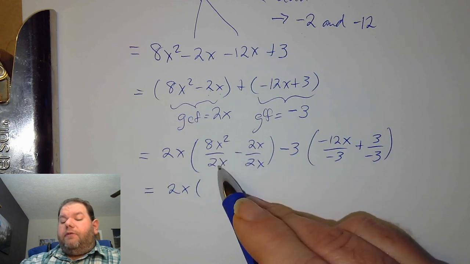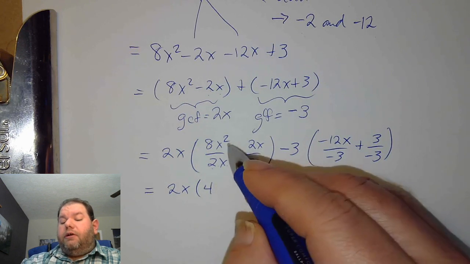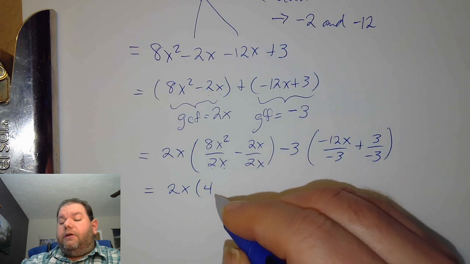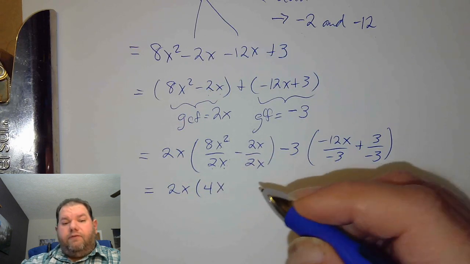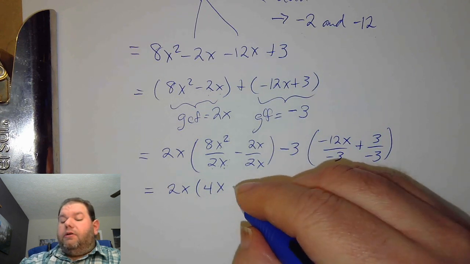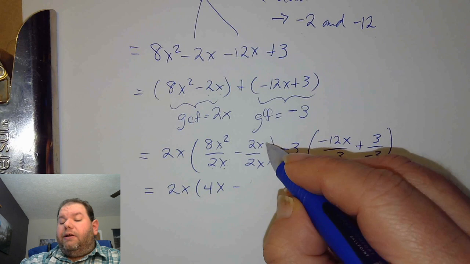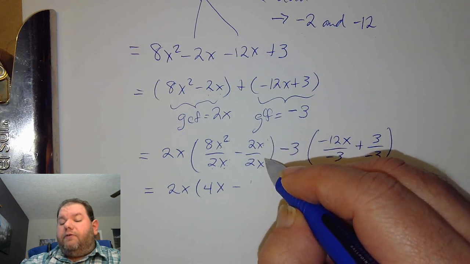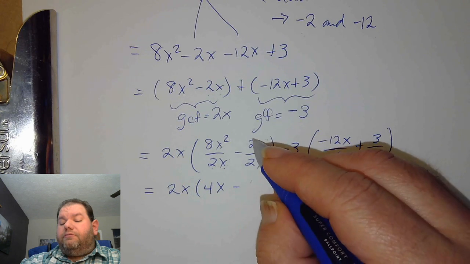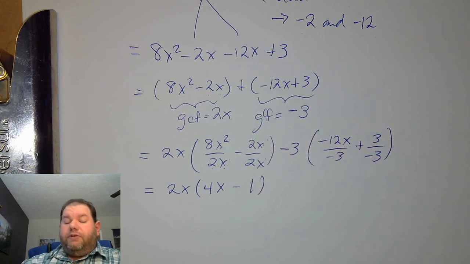Eight x squared divided by 2x, we know 8 over 2 is 4, and x to the second over x to the first, 2 minus 1, is x to the first, or just 4x. 2x divided by 2x, 2 divided by 2 is 1, and x to the first over x to the first is x to the 0, so we just get a 1 there.